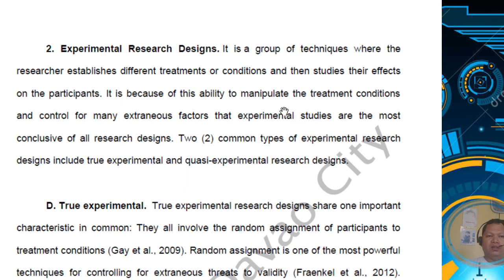For example, they can use computers during their class, while the other class will not have that computer. So you will try to determine if there would be a difference. So that is an example of experimental research design. Okay, so the two common types of experimental research design.